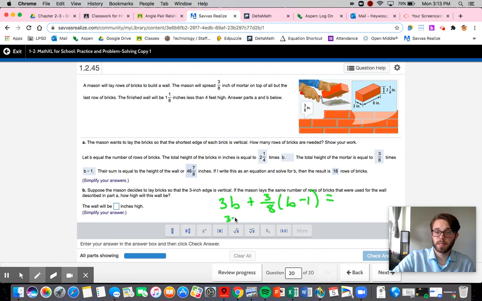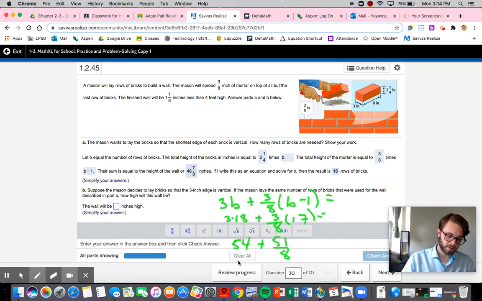So 3 times 18 plus 3 over 8 times 17. And we can simplify that. So 3 times 18 is 54, right? So 54 plus this is going to be 51 over 8.